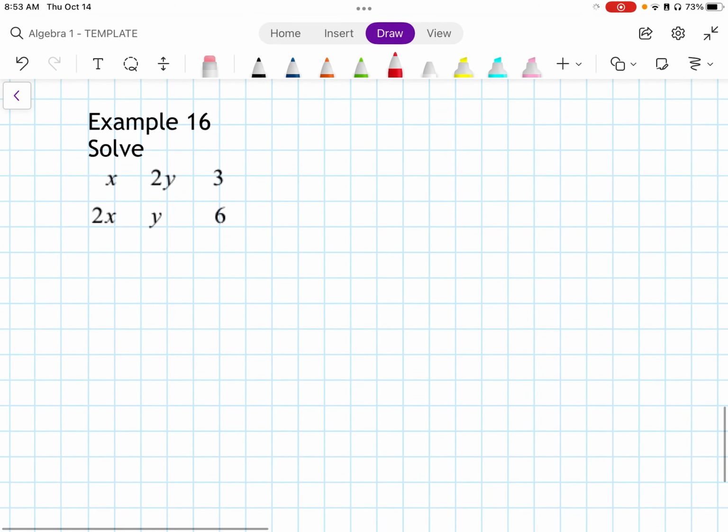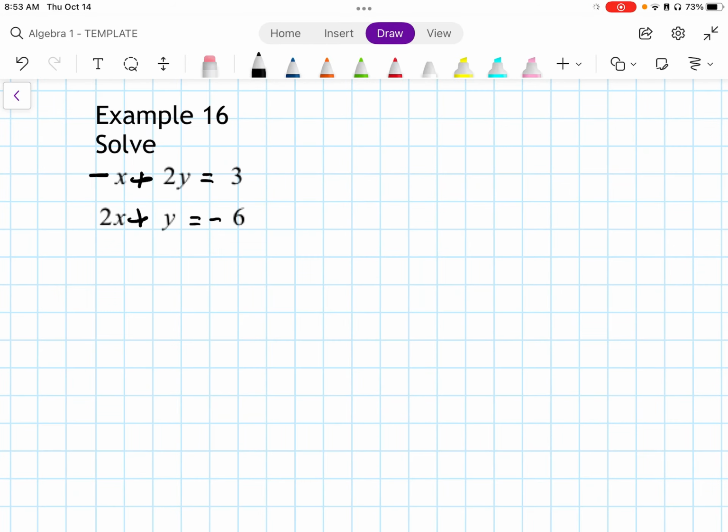Example 16. This one is -x plus 2y equals 3, and 2x plus y equals -6. Let's solve this by substitution. I'll get that y by itself, so I'll have y equals -2x minus 6.